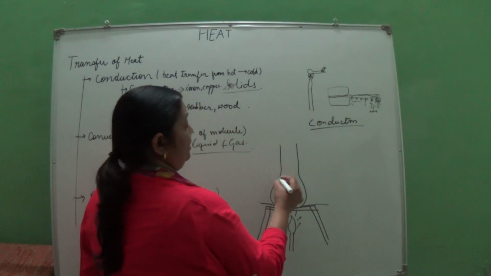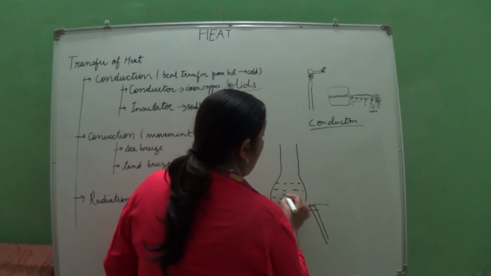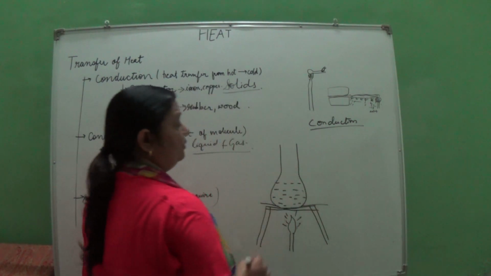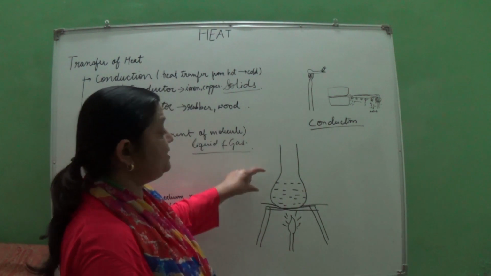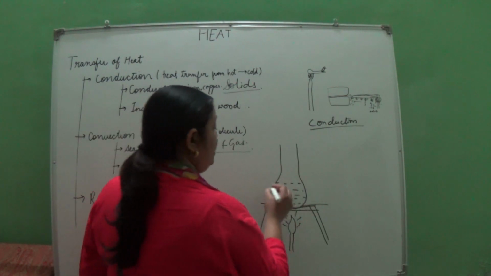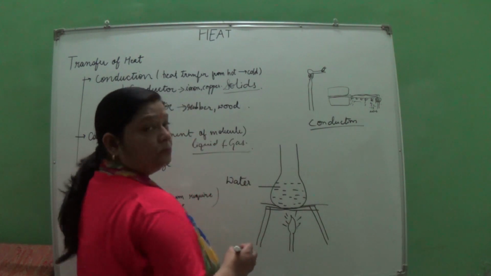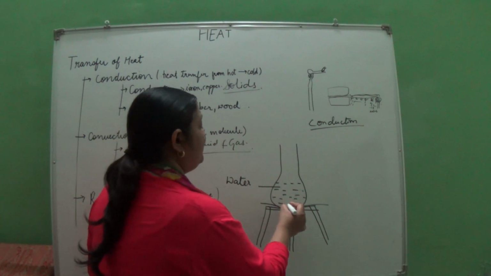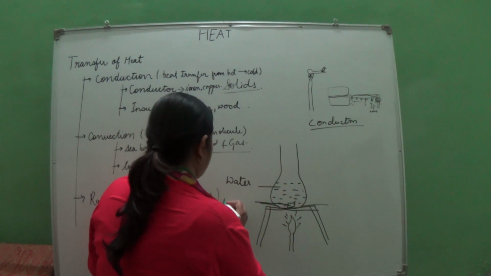You are heating the liquid in it. To see the movement of the molecules, how the transmission of heat is taking place in this liquid, you can take water, for example. Now we will drop a crystal of potassium permanganate.